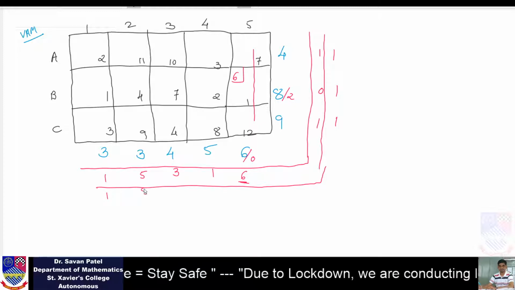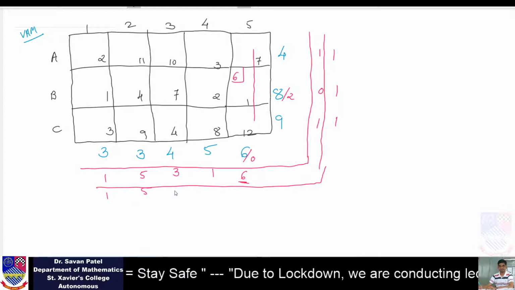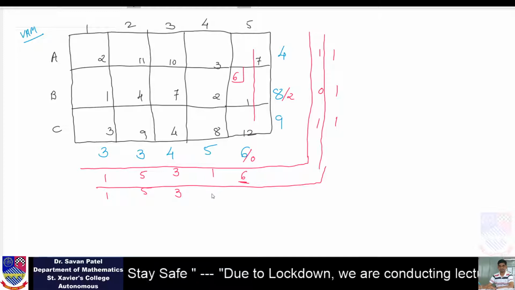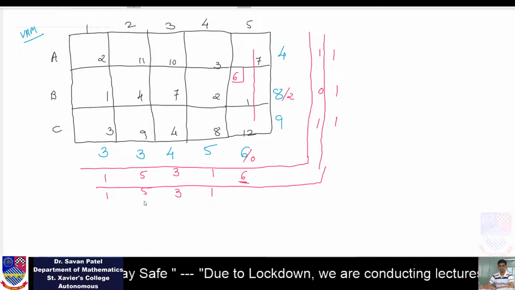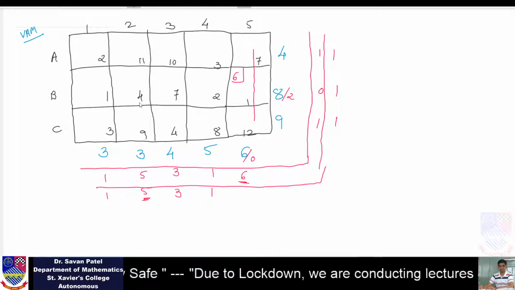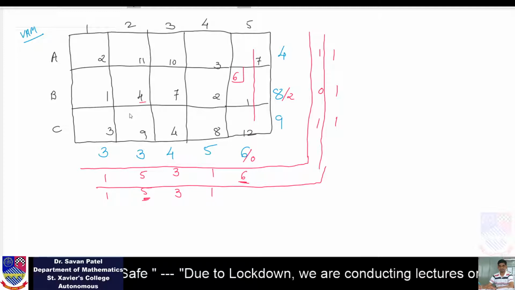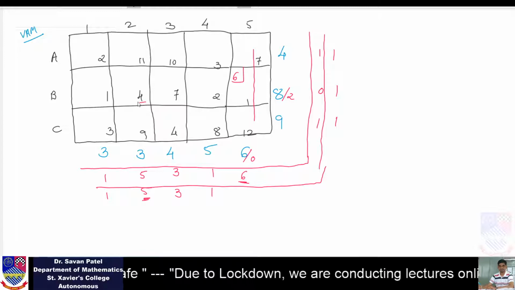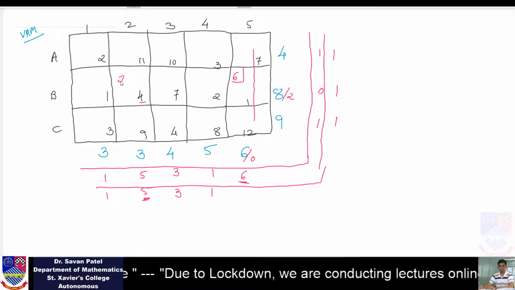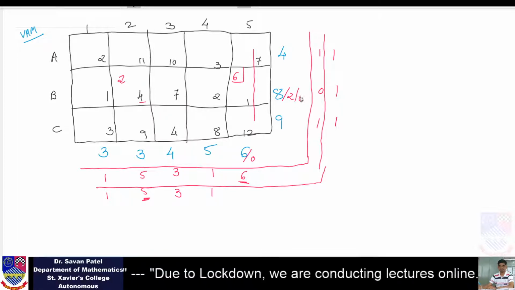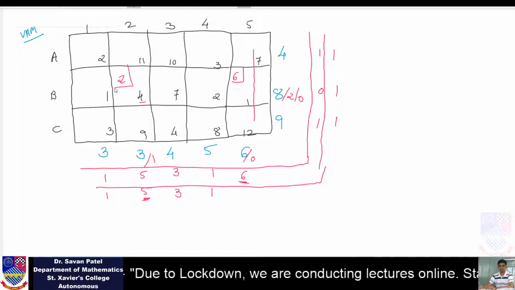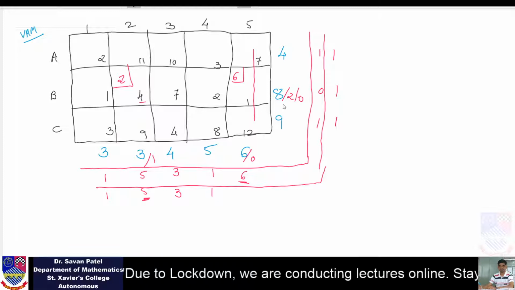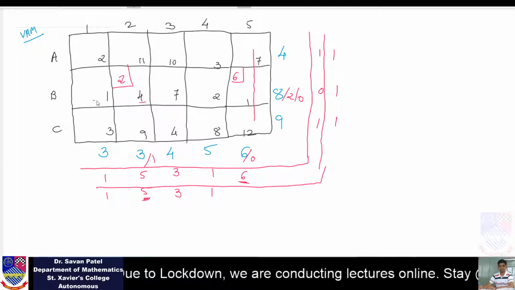Here 4 and 5, here 4 and 7, so 3, and here 2 and 3, so 1. Okay. Now the maximum is 5, so the corresponding column is fixed. Now here the minimum is 4, so we will allocate whatever is the maximum possible, that is 2. So here we are left with 0 and here we are left with 1. So 2 is the allocation. Now this row is cancelled.